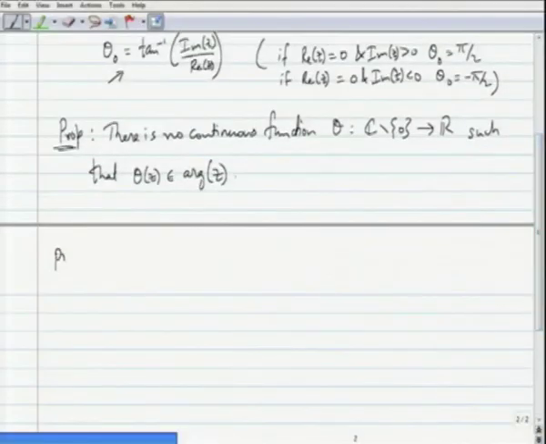Suppose there is such a continuous function.